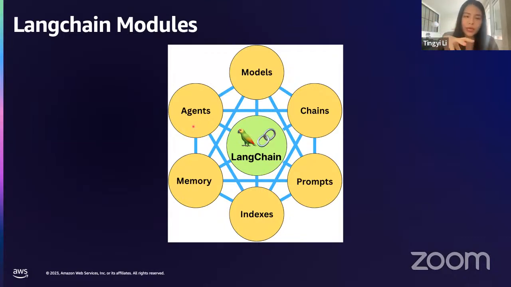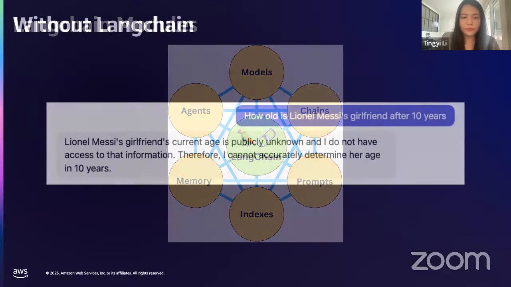But for agents, for instance, agents get access to a bunch of tools, and based on the user's question, it will say, okay, it's time to use a calculator, it's time to use something. So it's more intelligent. It can tell you which tools to use and what the next step should be. We're going to take a look at one example.